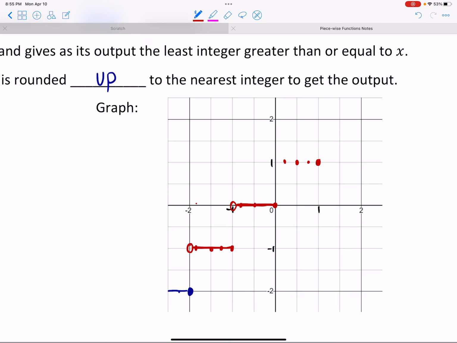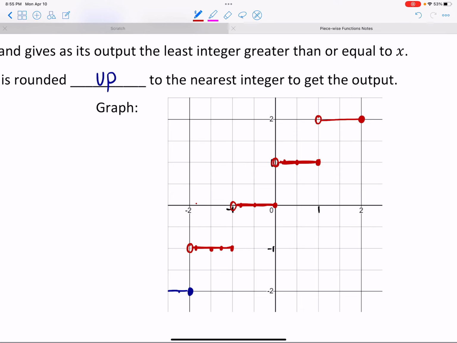Now, 0 as my input, we've already captured that down there, so all of these numbers are going to round up to 1. And then same thing here. We'd have an open circle here because my input of 1, I've already captured that. And then all of these numbers are going to round up to 2, including 2.